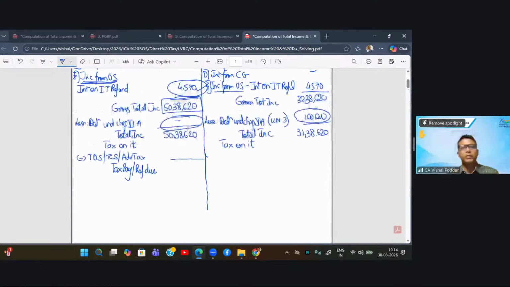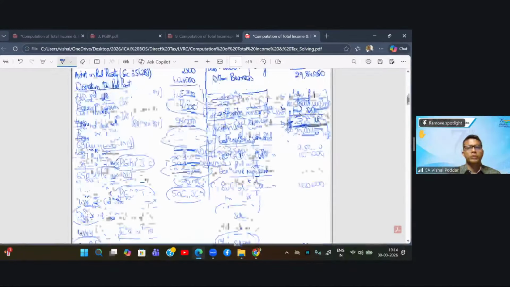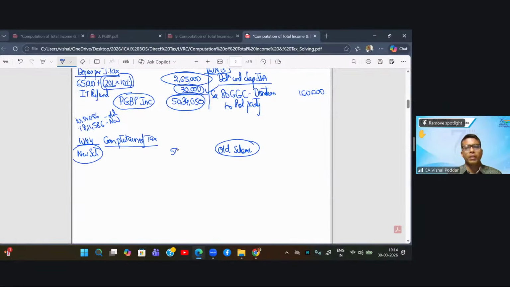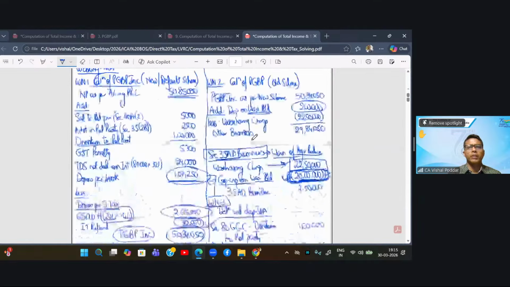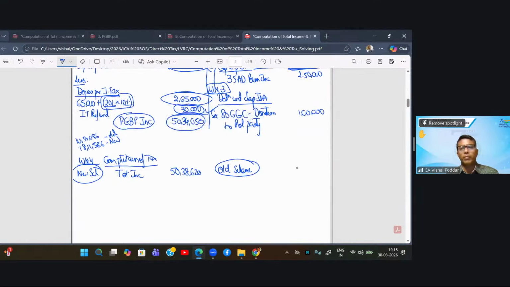My total income is 50,38,620 and there is no special rate income. So in the new scheme, 50,38,620, this is my total income. And in my old scheme, my total income is 31,38,620, correct? 31,38,620. And the best part is there are no special rate incomes.